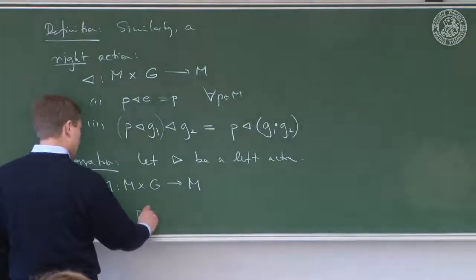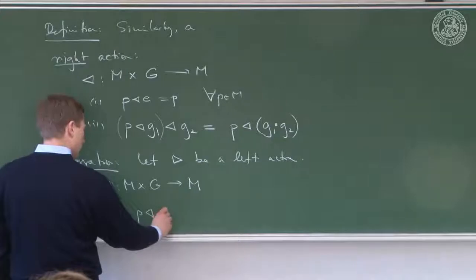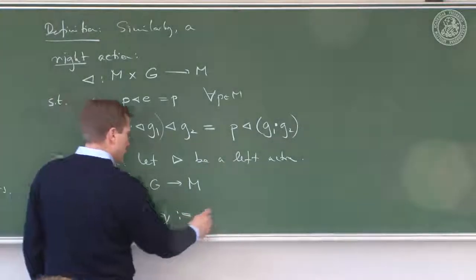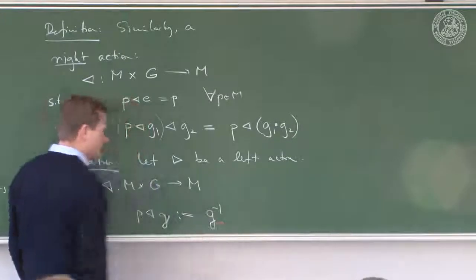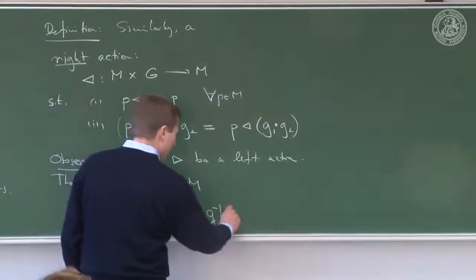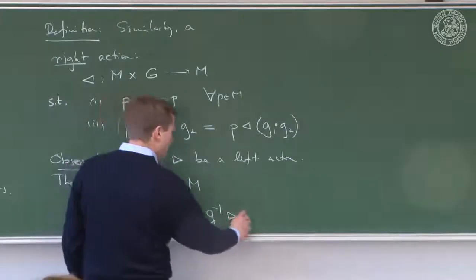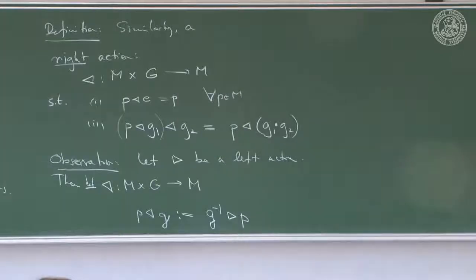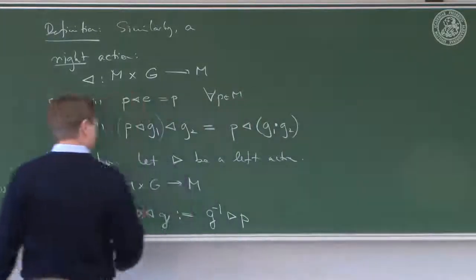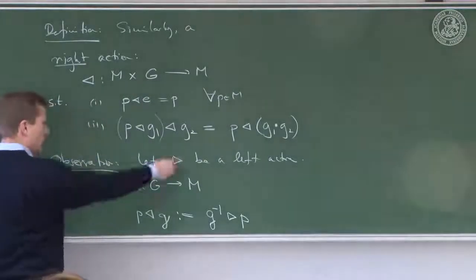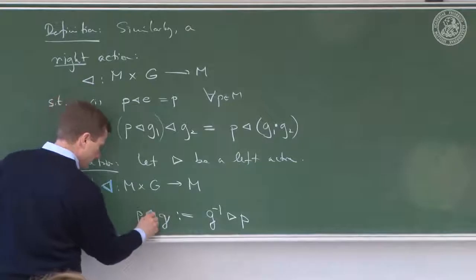I act on a point from the right, and this I define by taking the inverse of the group element, which always exists, and I let it act from the left on P. So this is the new guy, and the white one is the old guy.